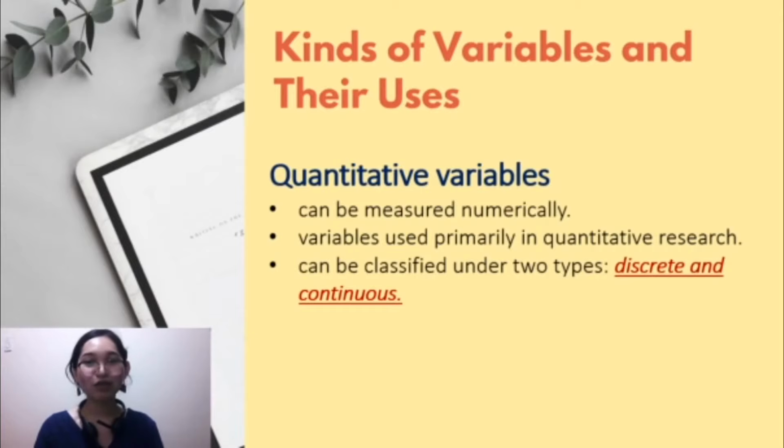Although this one is primarily used in the quantitative research, it does not mean that we are not going to use qualitative variable. It can be classified under two types, which is first discrete and second is the continuous variable. Again, quantitative variables are those quantifiable. It has a numerical value.